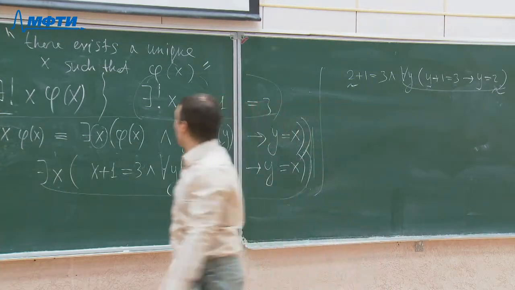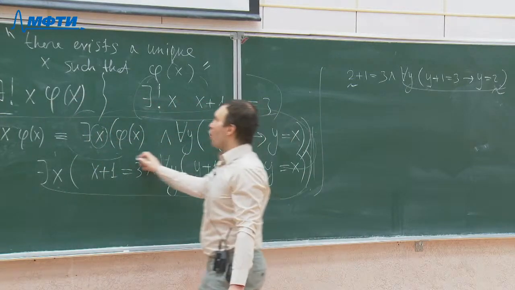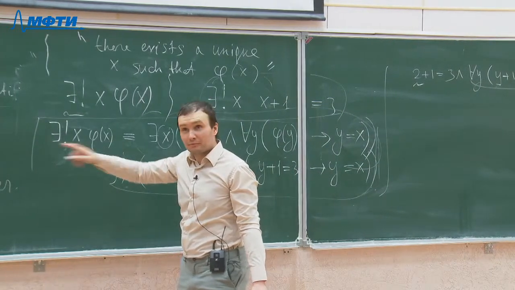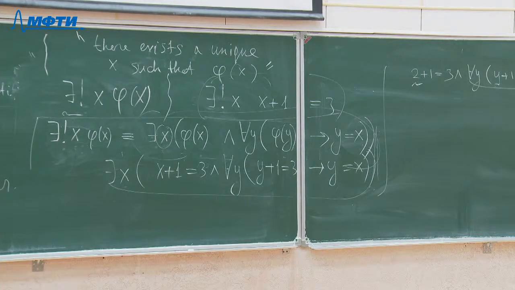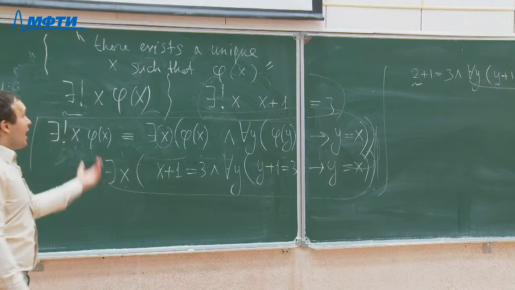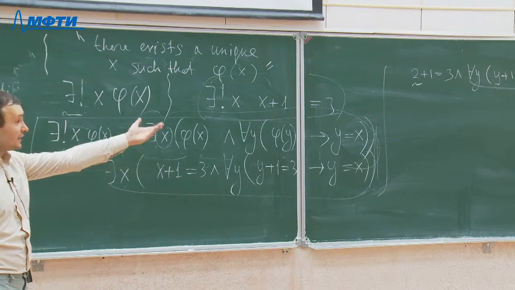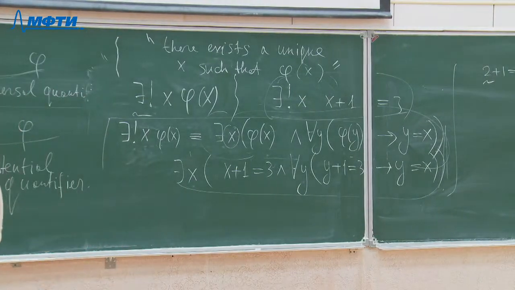So let's memorize this expression for the existence and uniqueness quantifier. There exists a unique x means that there exists such x that it satisfies our phi, and also every y that satisfies it is equal to our x.